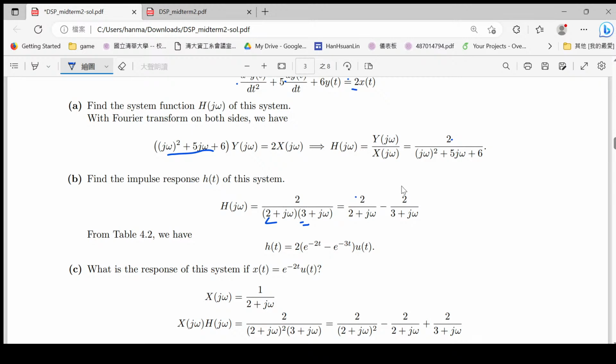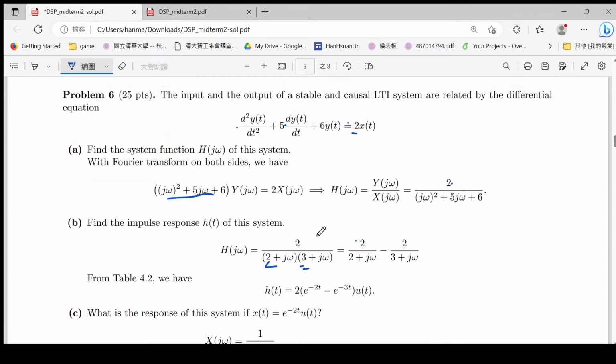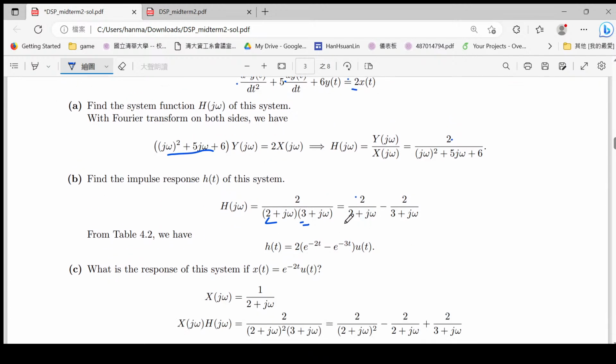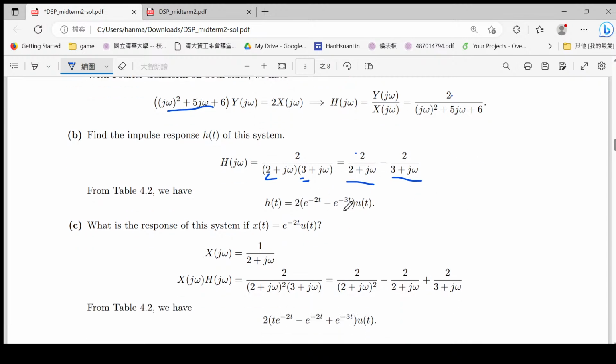Then you do the inverse Fourier transform using a table. 1 over a plus j omega we know very well is e to the minus a t, so you get e to the minus 2t and e to the minus 3t here with your 2 and minus 2, and obviously u of t.